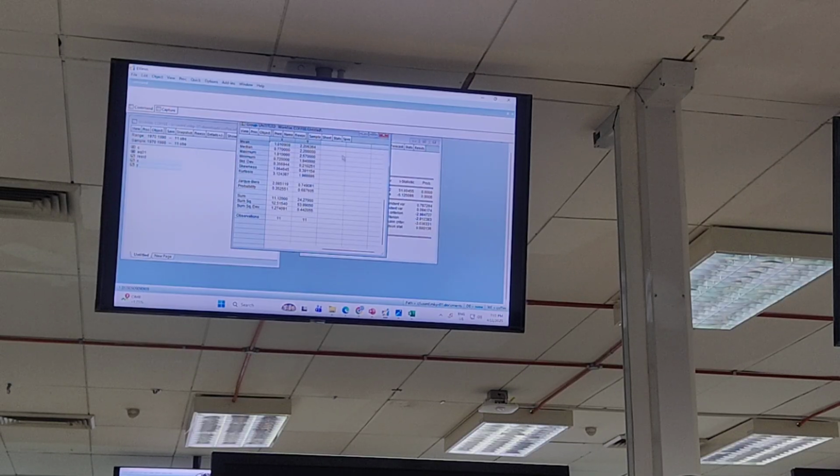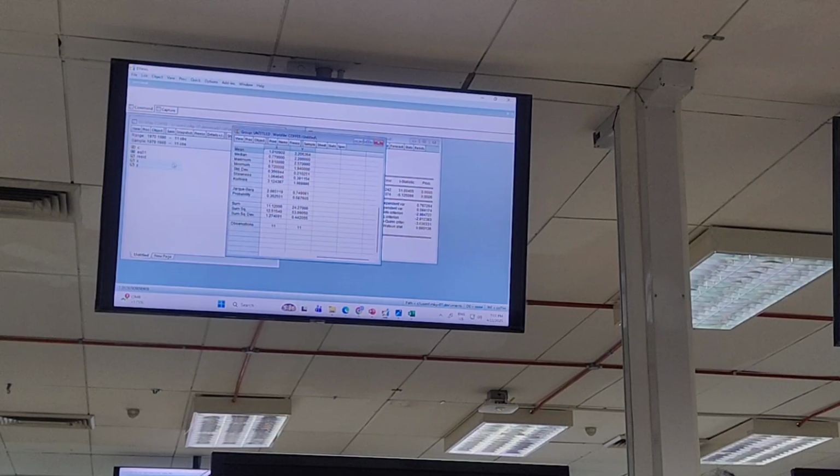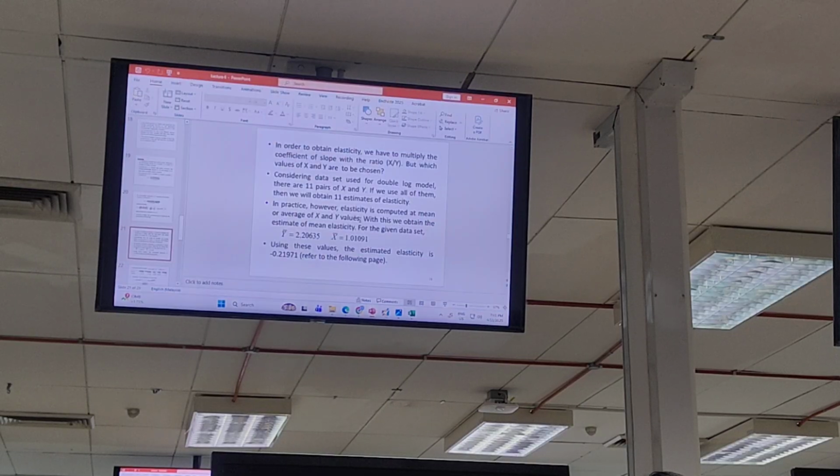You can explore later on how to open as a group, and then select statistics, descriptive statistics, in the sample, then you get the average. So you get the mean of x, the mean of y, and you can use that to calculate your mean elasticity.